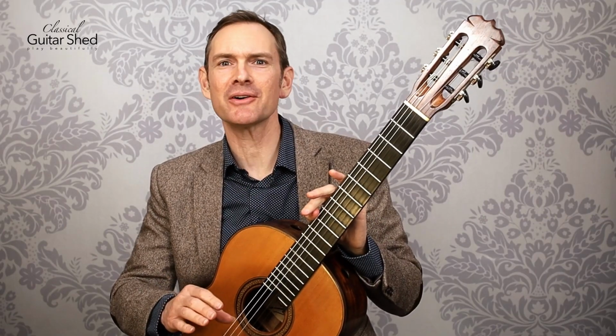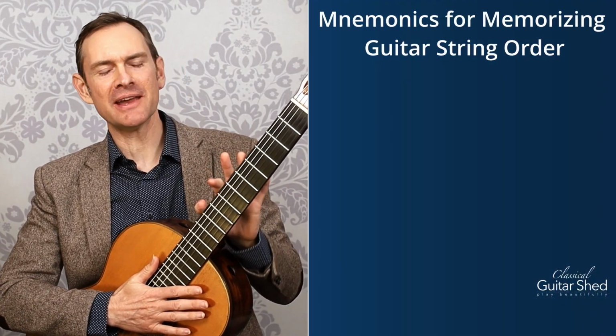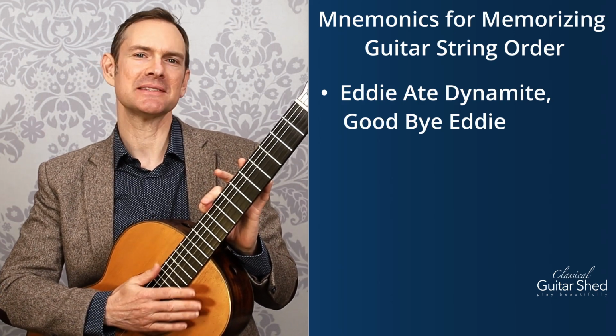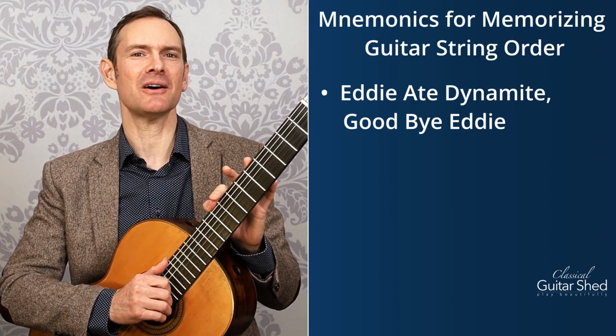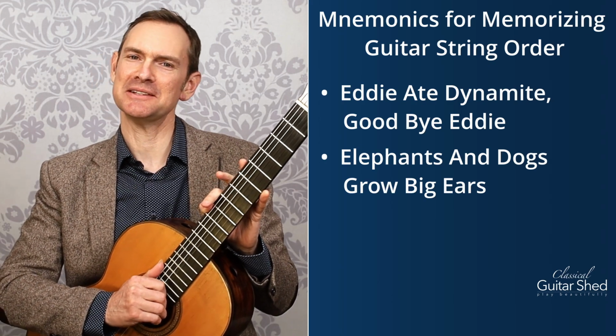Okay, let's talk about ways to remember E, A, D, G, B, E. So one of my favorites is Eddie Ate Dynamite, Goodbye Eddie. When I was teaching a lot of little boys, they would love this one. And the little girls would oftentimes love Elephants and Dogs Grow Big Ears. That's another popular one.